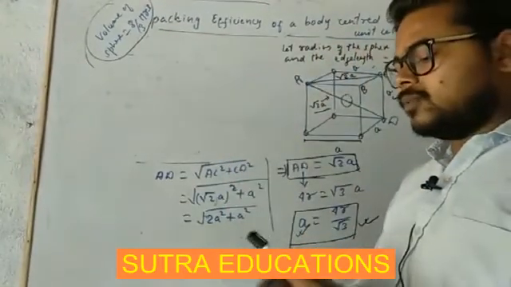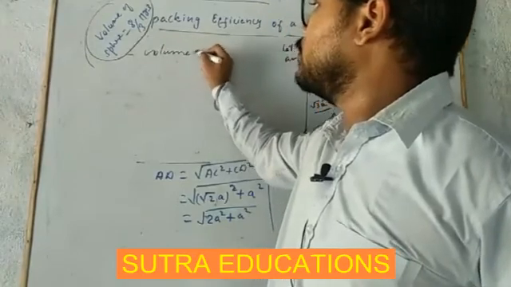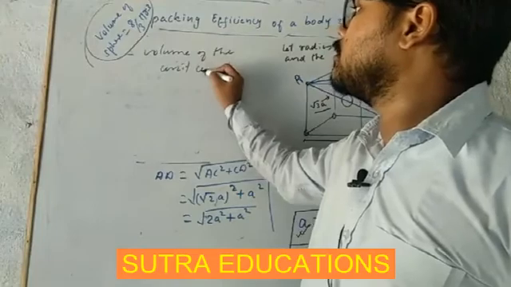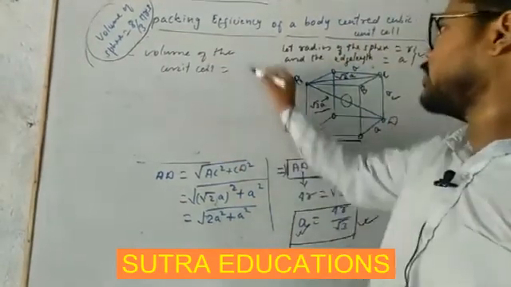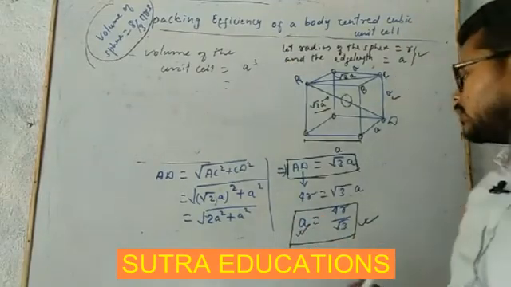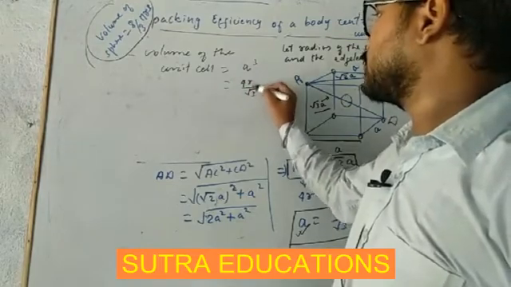So write here volume of the unit cell, and it is equal to A cube, and A is equal to 4R by root 3.